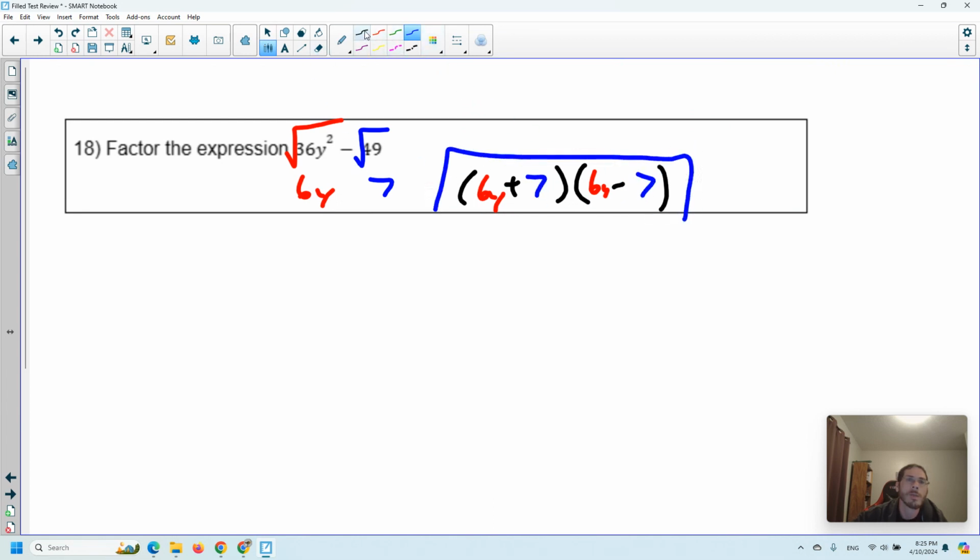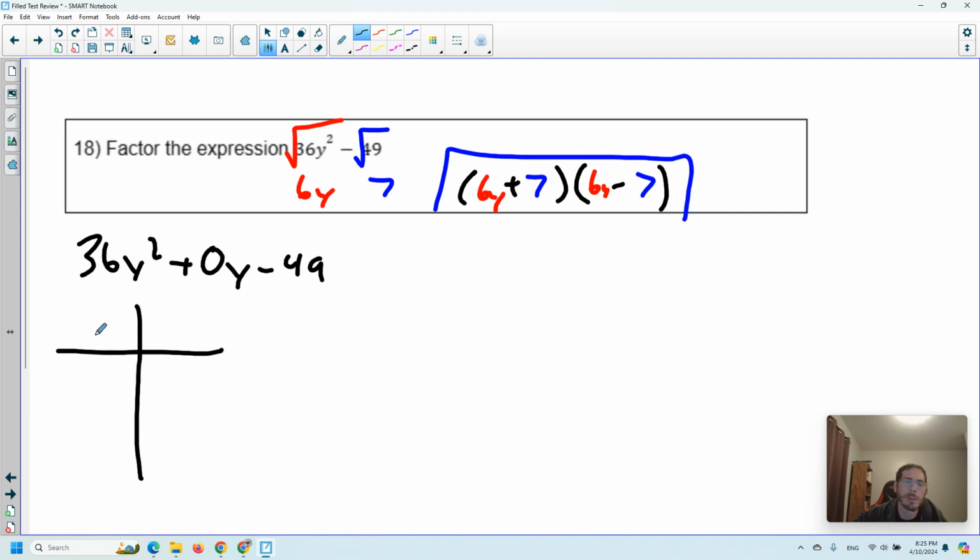And that's it. If you wanted to go ahead and use the table, you can. But you have to remember 36y squared plus 0y minus 49. When we make the table, we don't want to pick this 36 at all. And, uh-oh, that's not a 1. That means if we want to do this, we have to do 36 times 49. Well, all right.